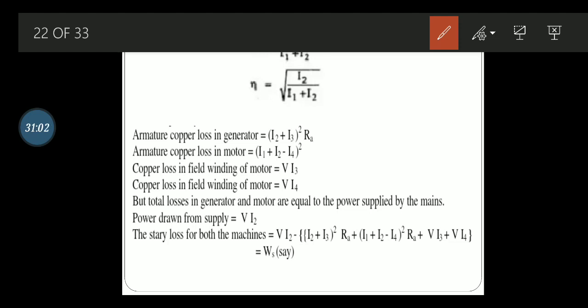Then the copper loss in the field winding of the motor is given by the product of the supply voltage and the motor field winding current, that is I3.